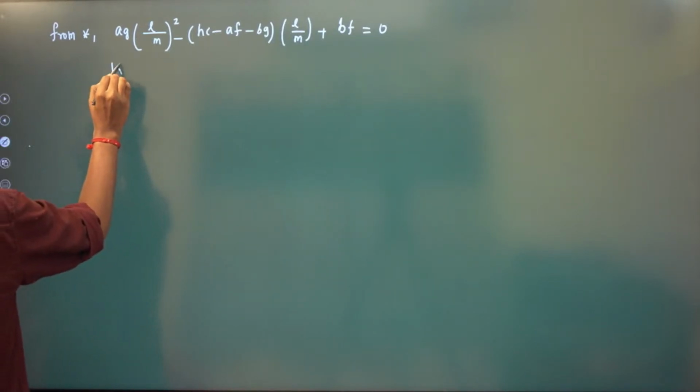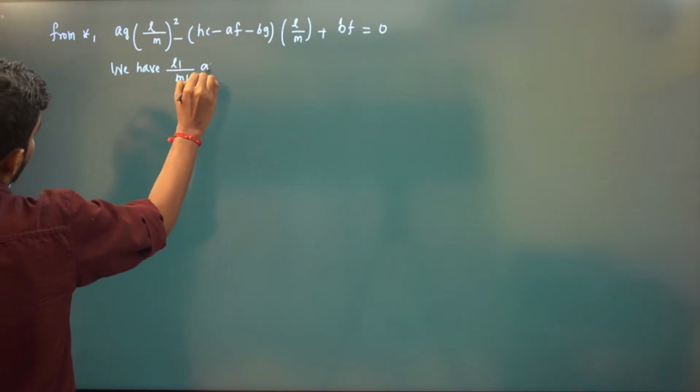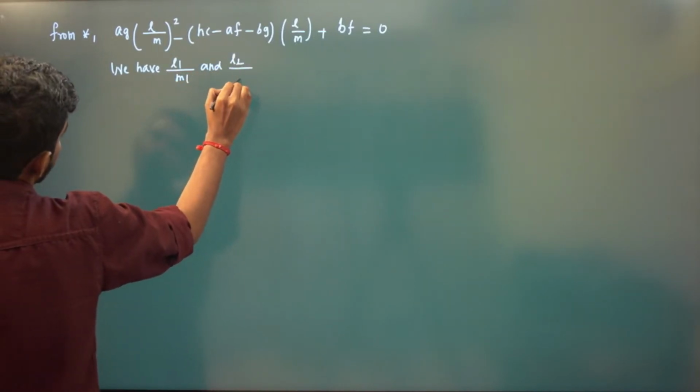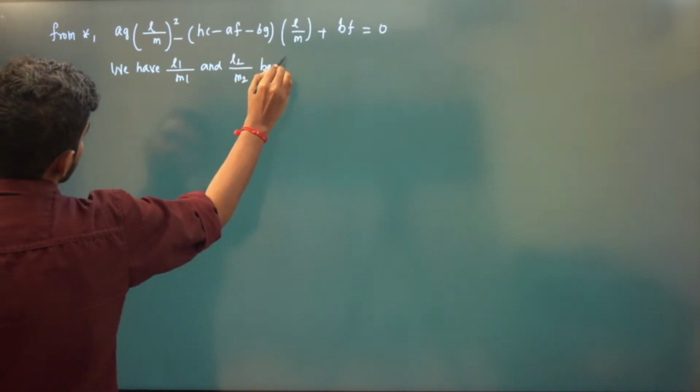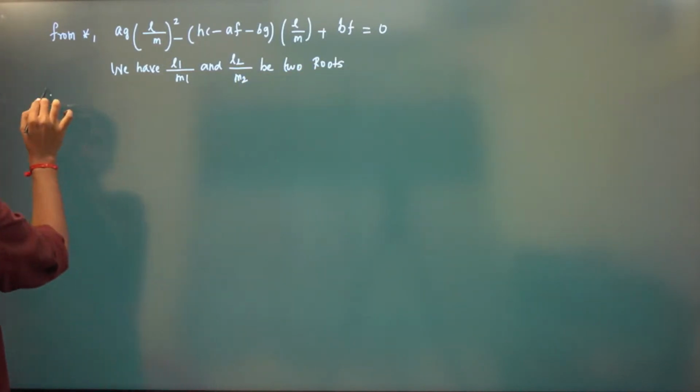So we have L1 by M1 and L2 by M2 as the roots.